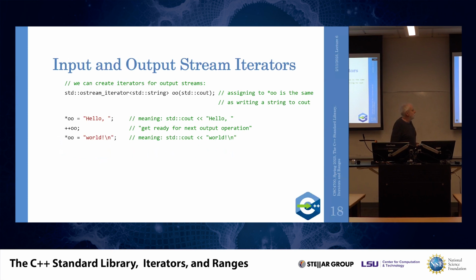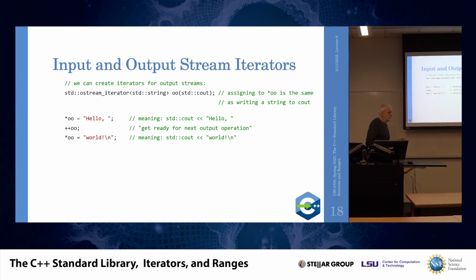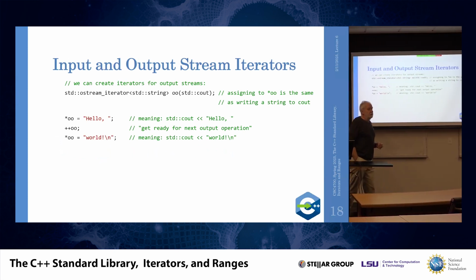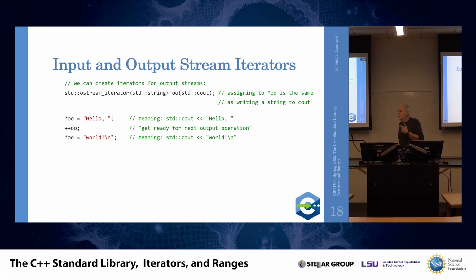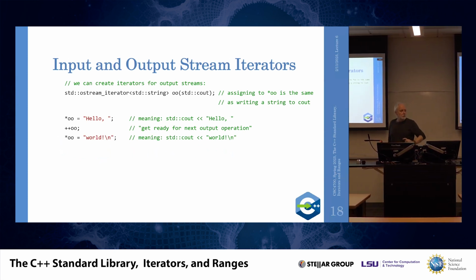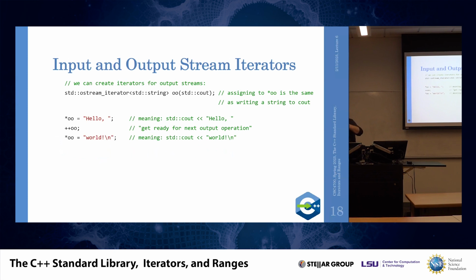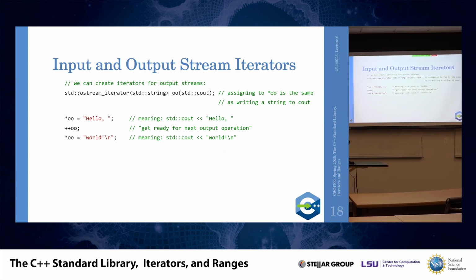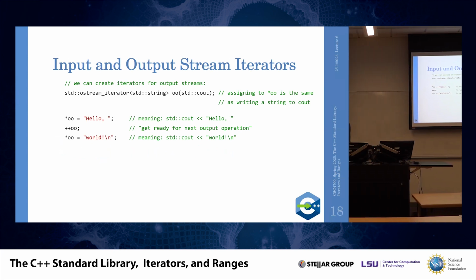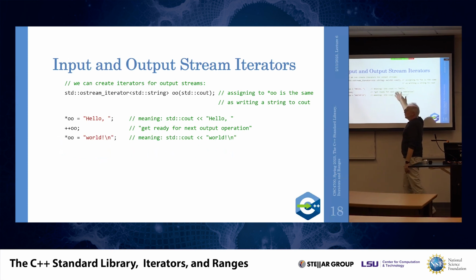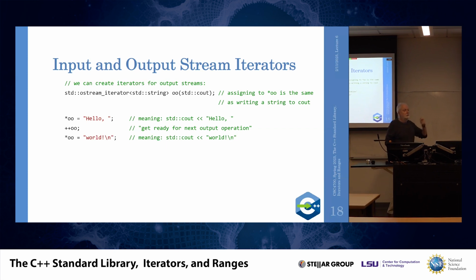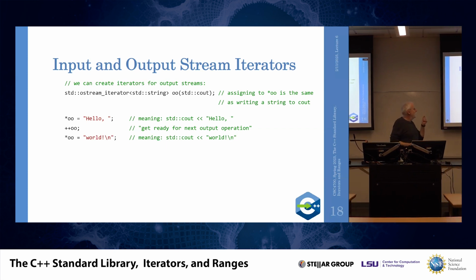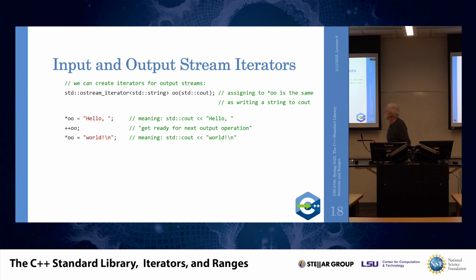What the standard library also does is predefine so-called stream iterators. It's an iterator that is constructed from a stream, and whenever you use that iterator, it will use the underlying stream to do the operation. So an ostream iterator, when I construct it from cout, means that whenever I assign a value to a dereferenced ostream iterator, it will actually write to cout.